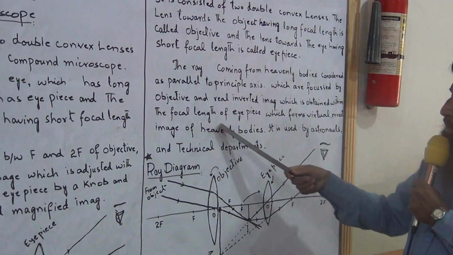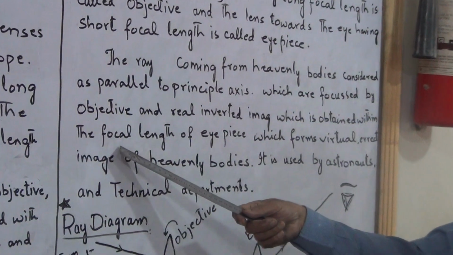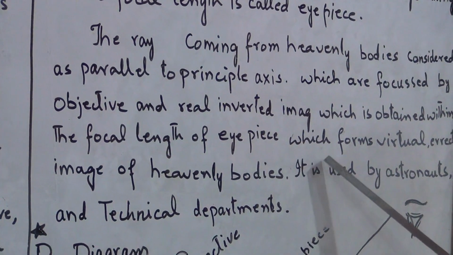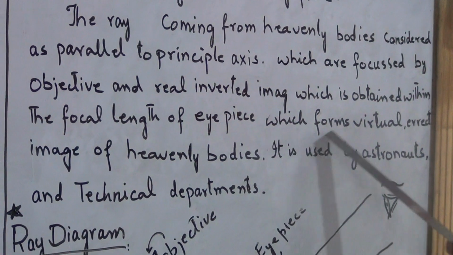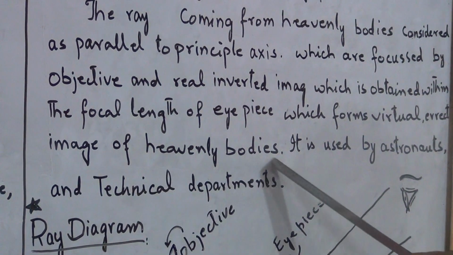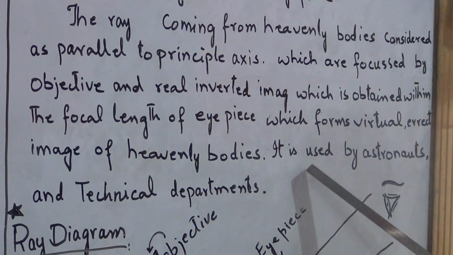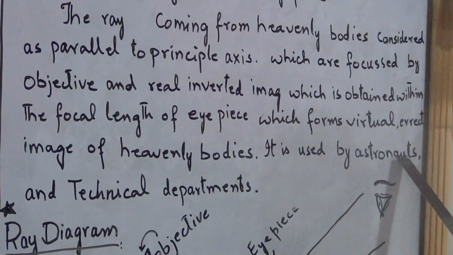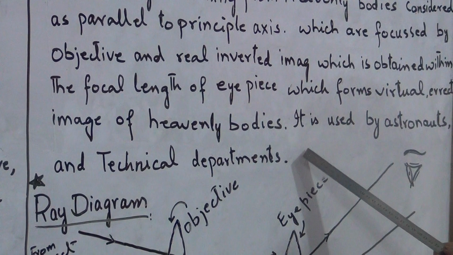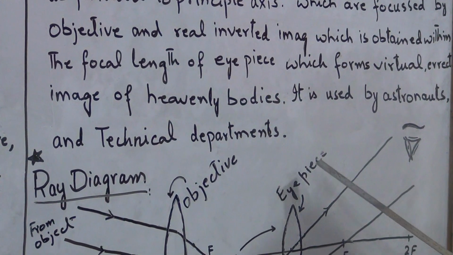The focal length of the eyepiece can be adjusted by moving the tube which contains the eyepiece lens, which then forms a virtual erect image of the heavenly bodies. This telescope is used by astronauts and other technical departments and meteorological departments, or the weather department.